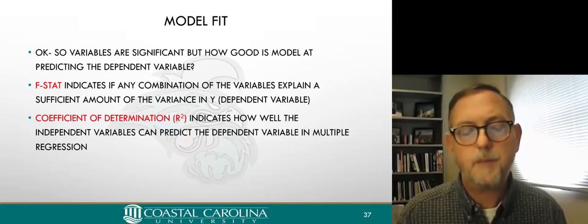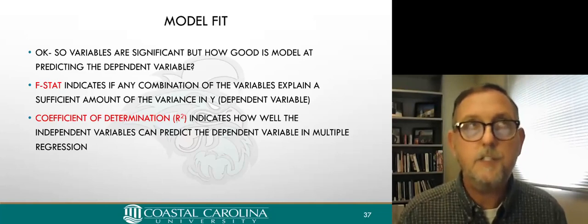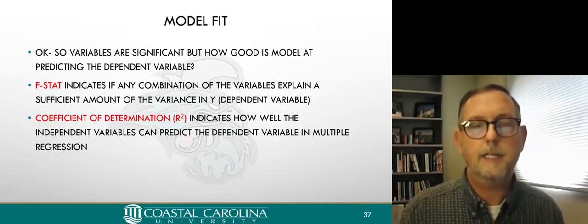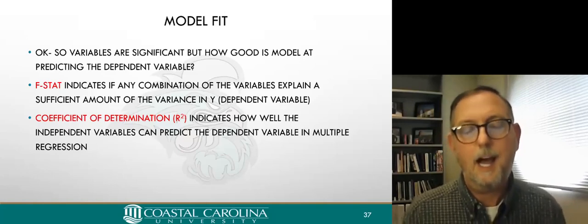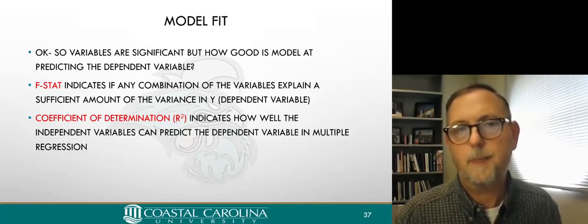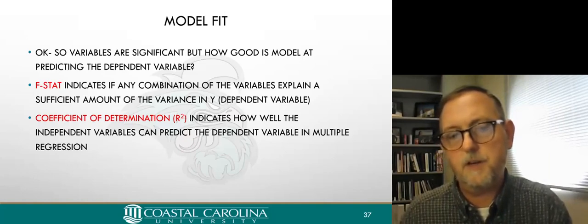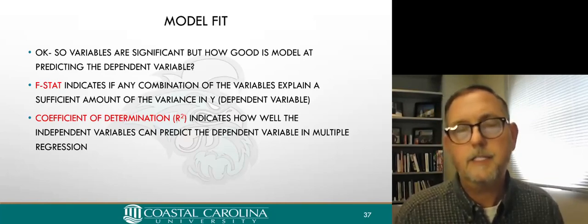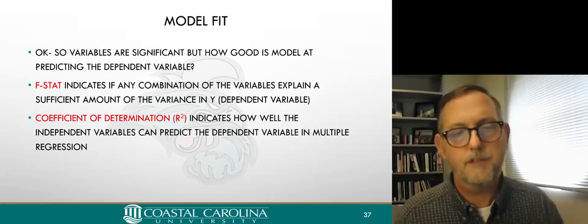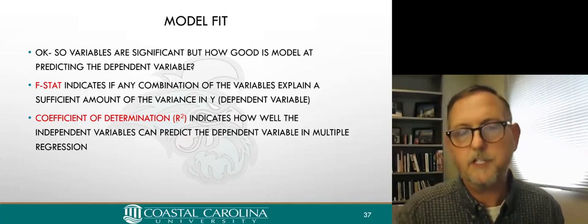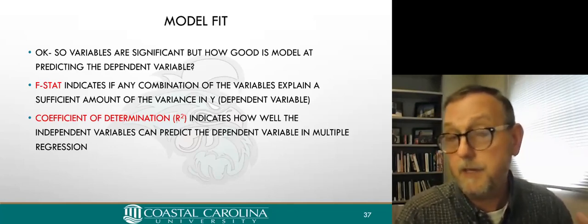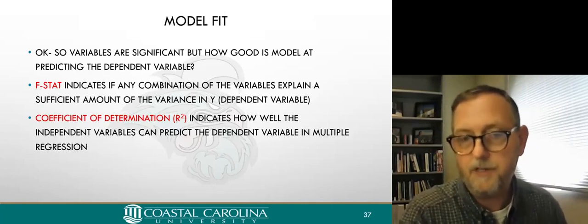R squared helps take into account multicollinearity, and it indicates how much variance the independent variables actually explain in the dependent variable. So it's the explanatory value of the independent variables in relation to the dependent variable.